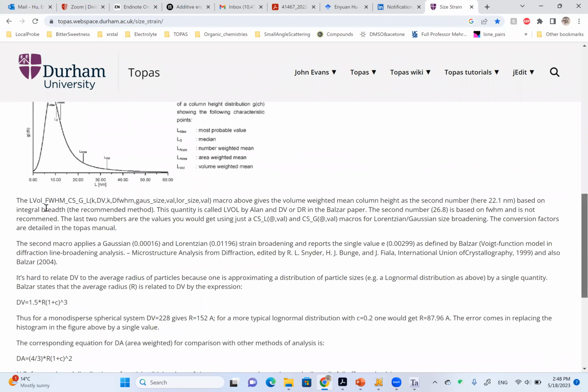So you see that the first one, K, is wrong. So this is dV, right? And dV is basically related to the size of the crystals. So if you have a very small number for dV, then that means your crystalline size is very small.